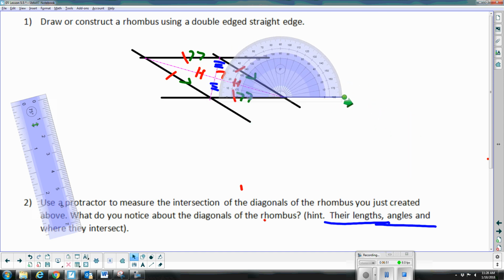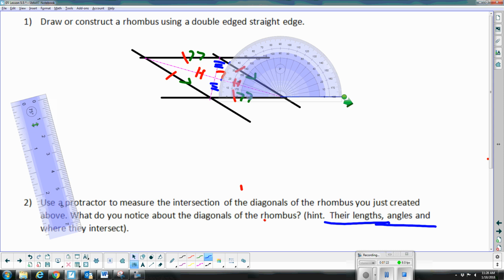Let's measure this angle first. The whole angle is about 32 degrees. And if I look at my diagonal here, it brings me to about 16 degrees.